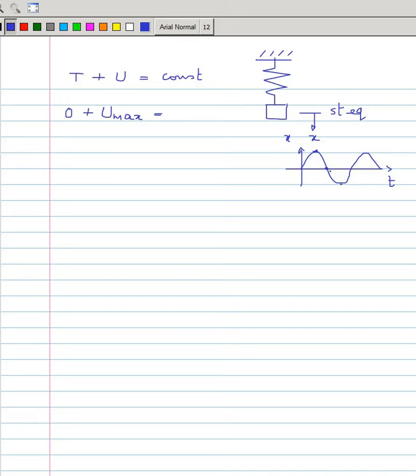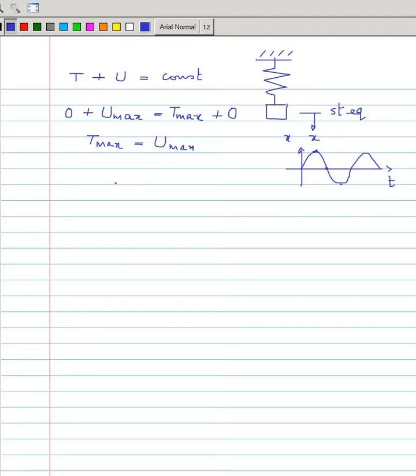So when the kinetic energy is maximum, the potential energy is 0. So Tmax is equal to Umax.